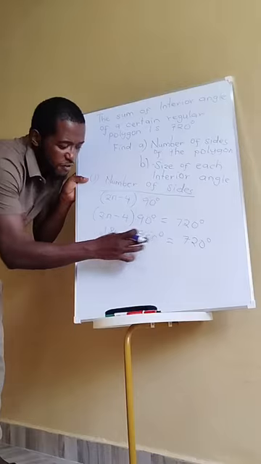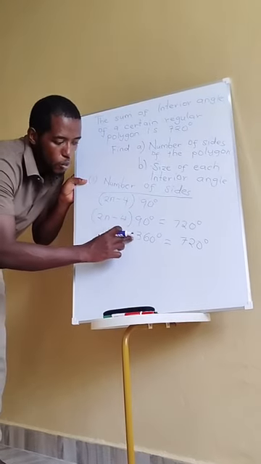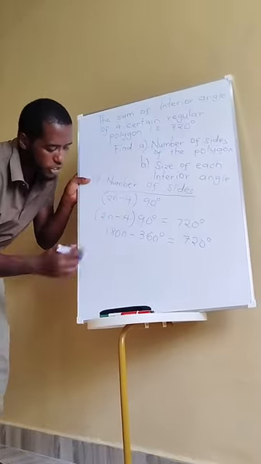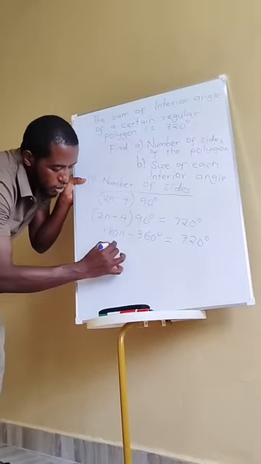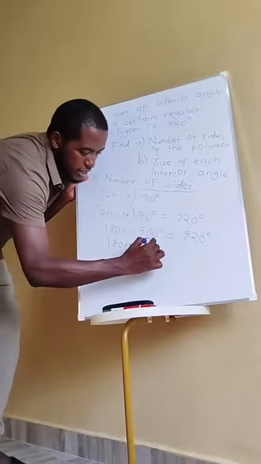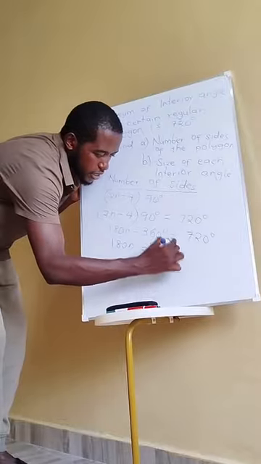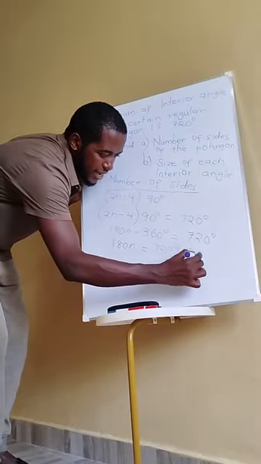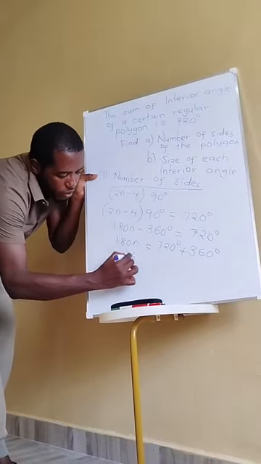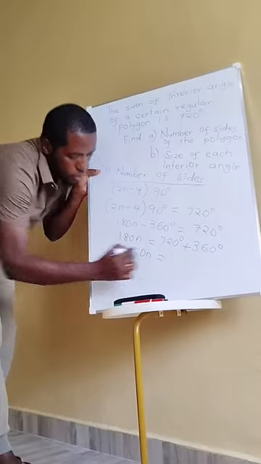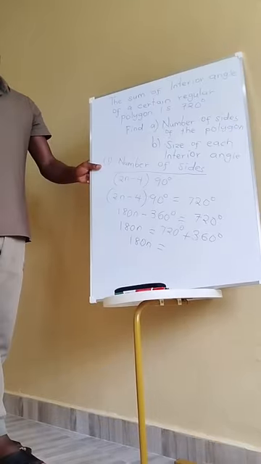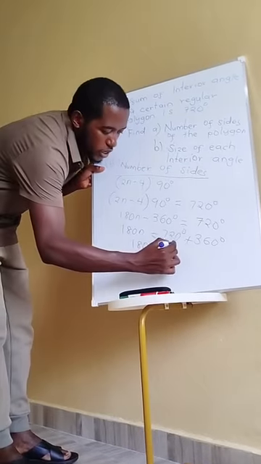So, if here is minus, when this one goes to the other side, it becomes a positive. So 180n is equal to, you take this to the other side, it becomes 720 plus 360 degrees. So you get here 180n is equal to 720 degrees plus 360 degrees.